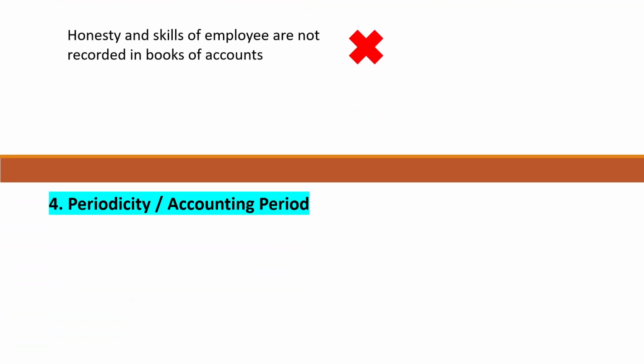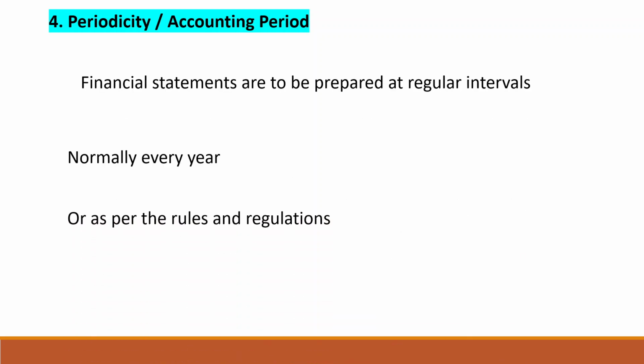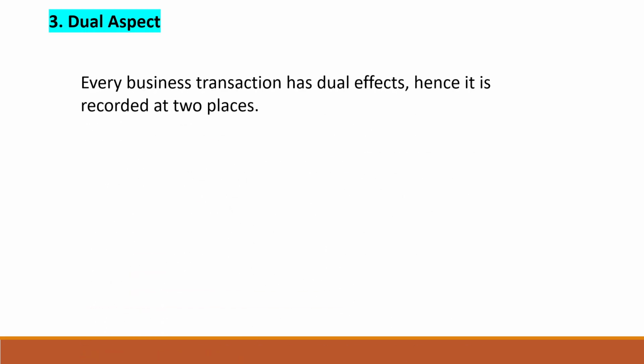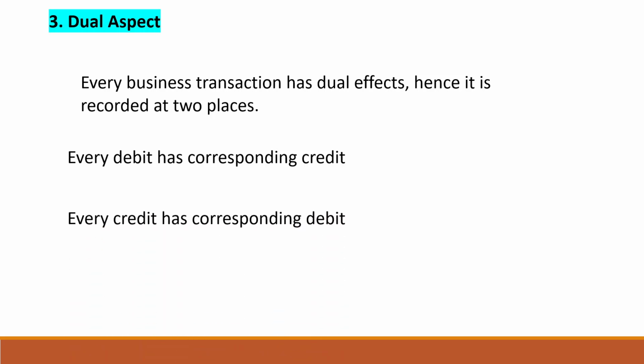Okay, now let us move on to the next accounting concept, that is the dual aspect concept. So as per this concept, every business transaction has dual effects. Dual, with two effects. Hence, it is recorded at two places. Right? We know that in accounting, every debit has a corresponding credit and every credit has a corresponding debit.